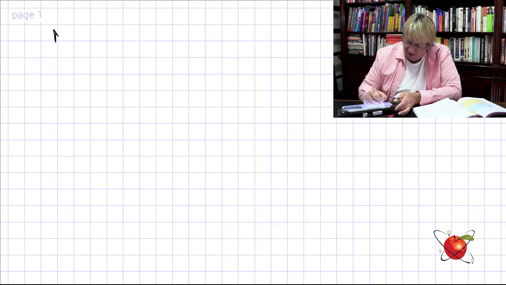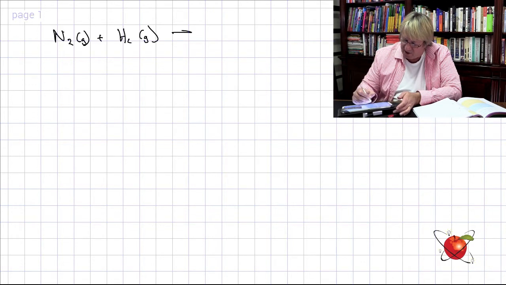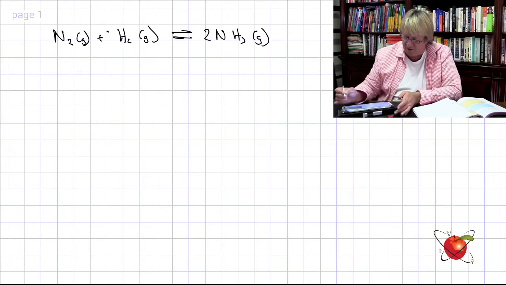reactions. Let's take our favorite reaction over here, nitrogen gas plus hydrogen gas, okay? And that's going, I'm using the double arrow for a particular purpose, to an NH3 gas over here, and we've got a 2 and a 3.